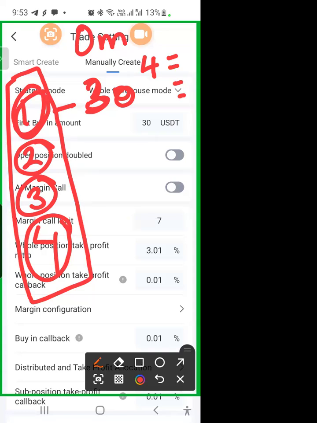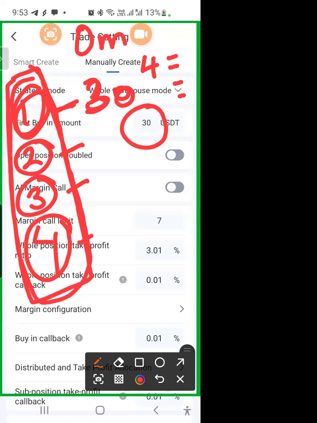The same applies here at sub-position. From the first margin call, second, third, fourth, these are being bought in groups according to what you set as your first buying amount. But from the fifth, these are being bought one by one. That's why they are called sub.